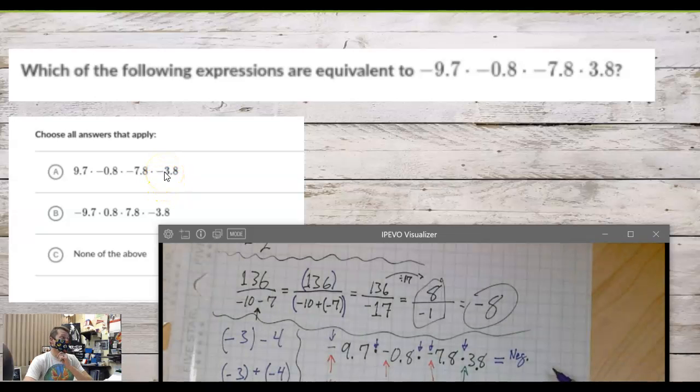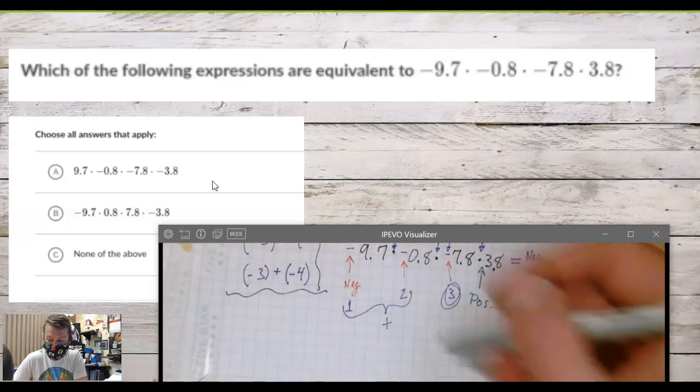Now check, are the numbers the same? 9.7, 8/10, 7.8, 3.8. Same numbers and also three negatives. Now the negatives aren't on the same numbers, but that doesn't matter actually, because if we have three negatives involved in the multiplication, it will get a negative answer.